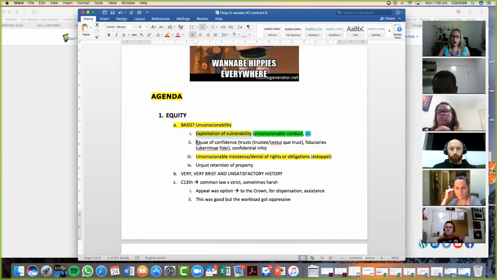But there are also other times when that discretion can be enlivened. There's been an abuse of a confidence that's been entrusted to someone. There has been some kind of extremely inappropriate denial of rights or insistence of rights, such as to qualify as being unconscionable.